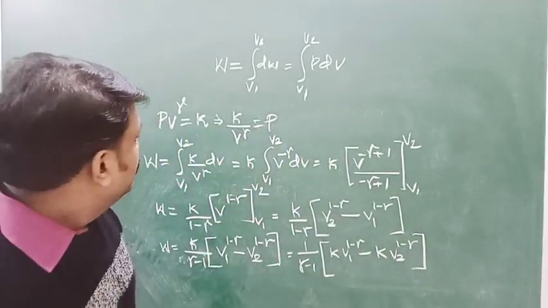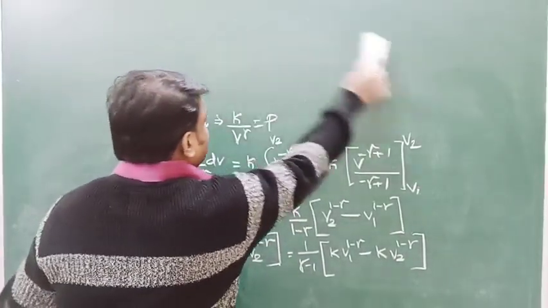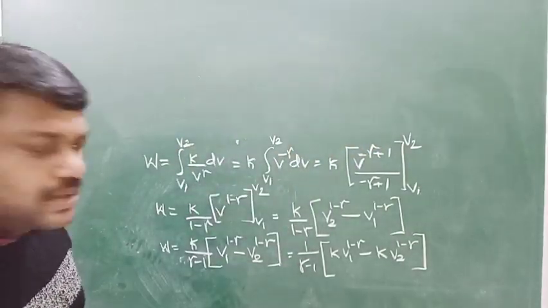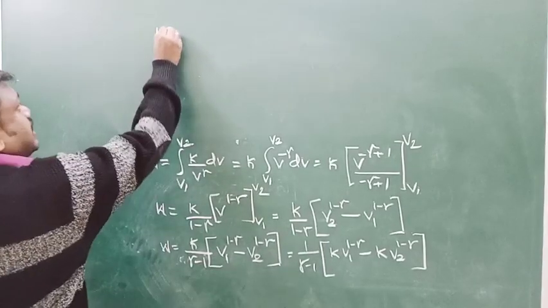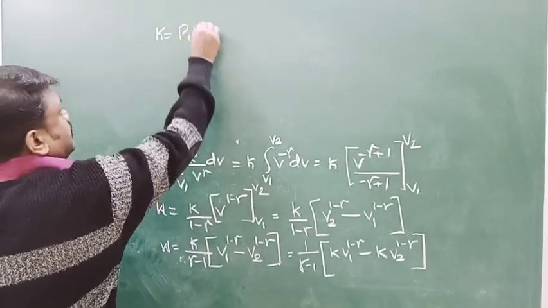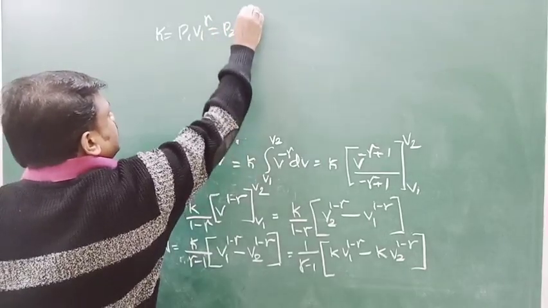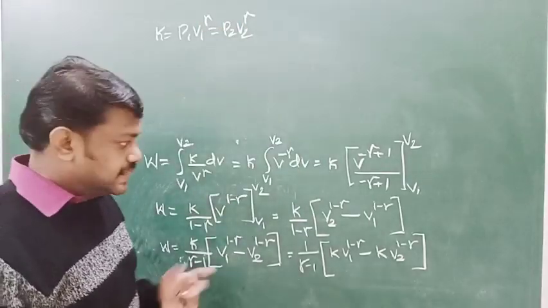Now you can make use of the equation PV power gamma equal to constant. So K equal to P1 V1 power gamma equal to P2 V2 power gamma. Is there any doubt for that?